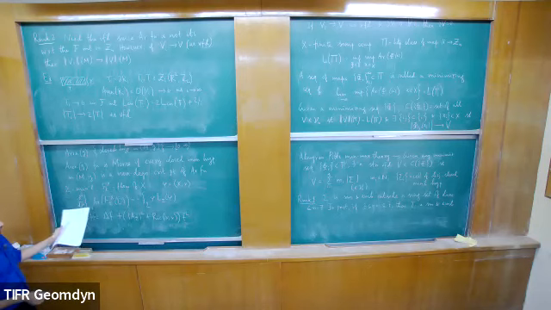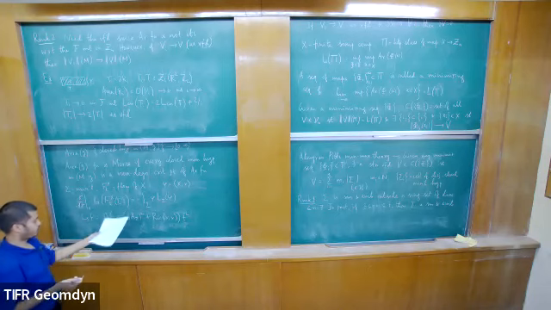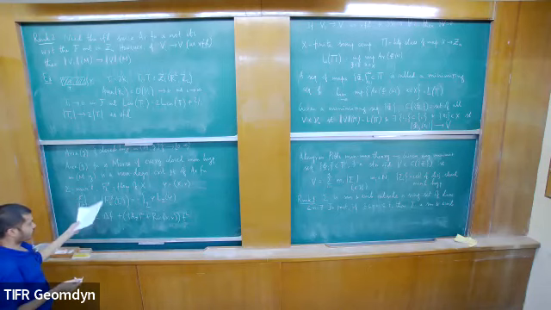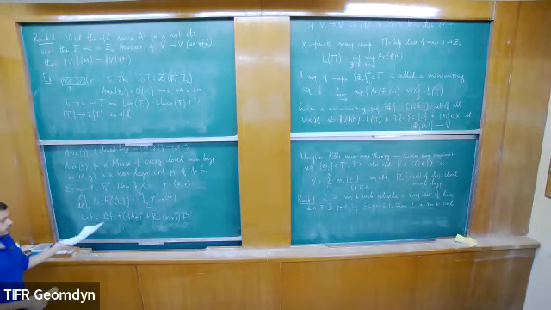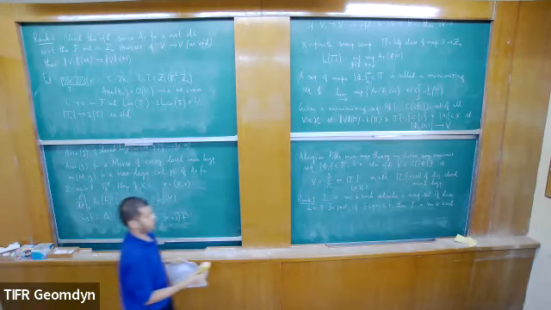From this expression we can interpret that minus L_sigma is the Hessian of the area functional at sigma. So we say that sigma is a non-degenerate critical point if the kernel of L_sigma is just 0.